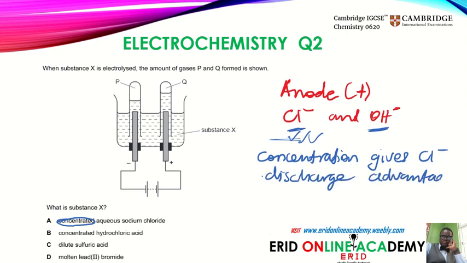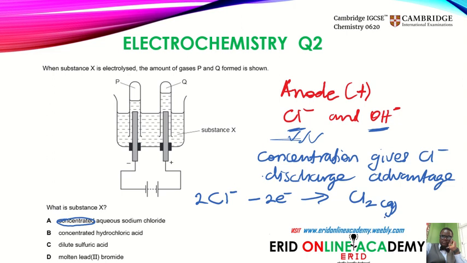So chloride will be discharged as chlorine at the what? At the anode. And that's pretty simple. So when 2 chloride ions get to the anode, they are going to lose 2 electrons to form chlorine gas. So chlorine gas will be released at the what?